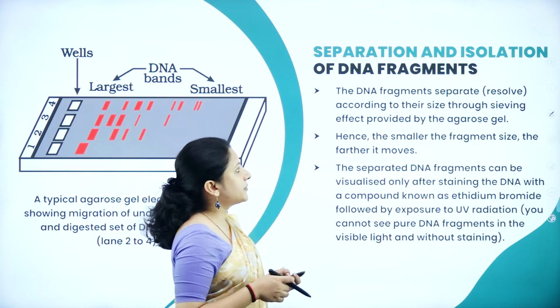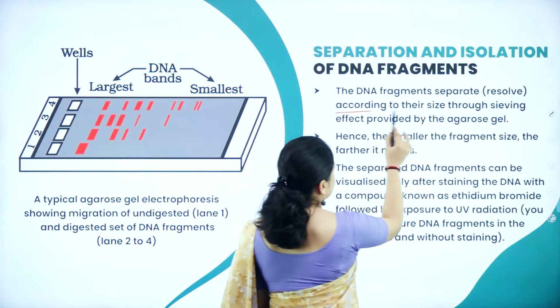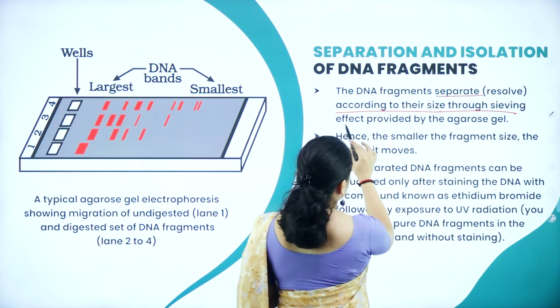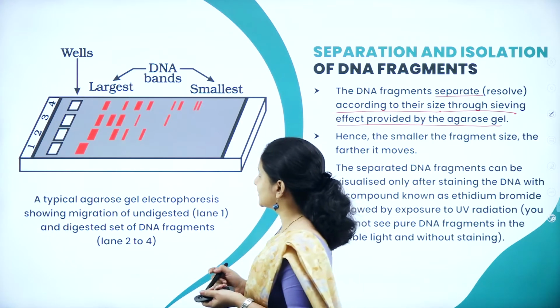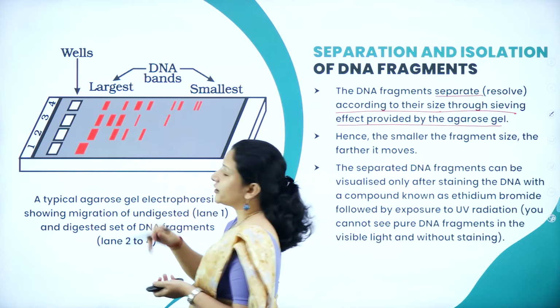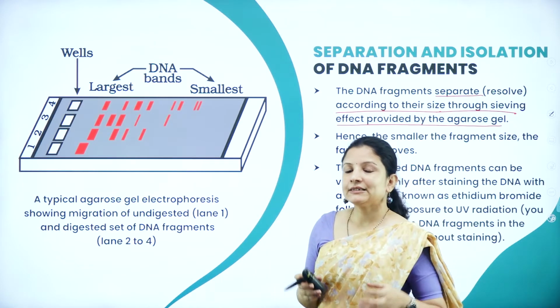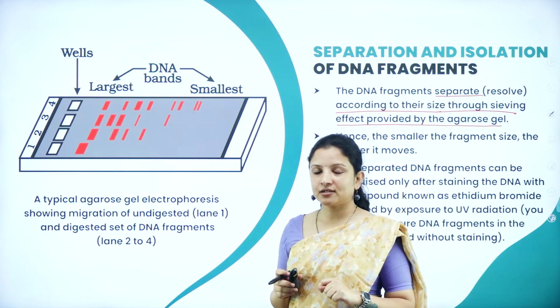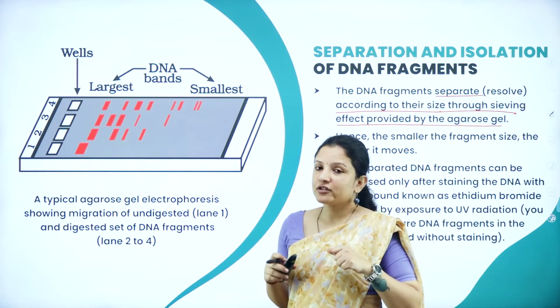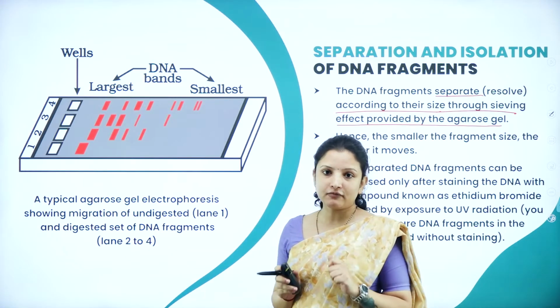The DNA fragments separate according to their size through the sieving effect provided by the agarose gel. Here you need to understand they separate according to size. There is always a heavy person and a lightweight person. Who can run faster? The lightweight person, right? For the heavy person, it is difficult to run faster.